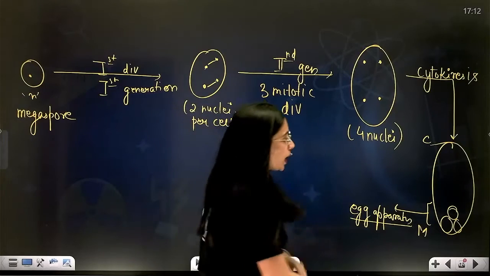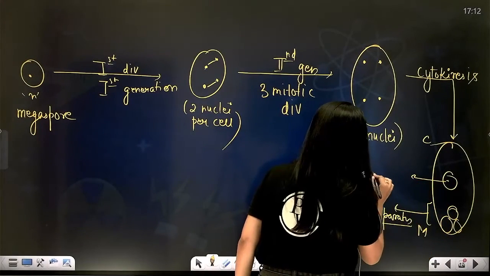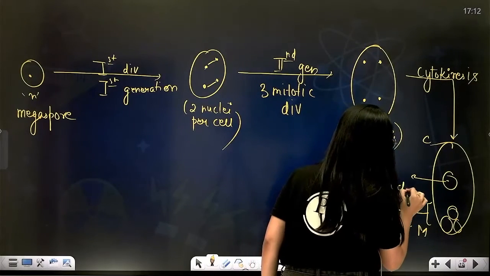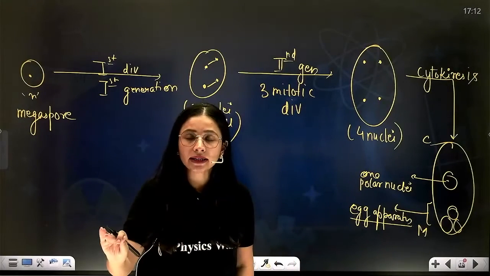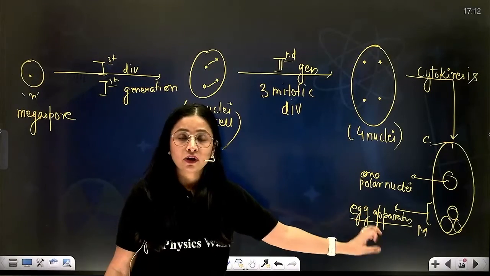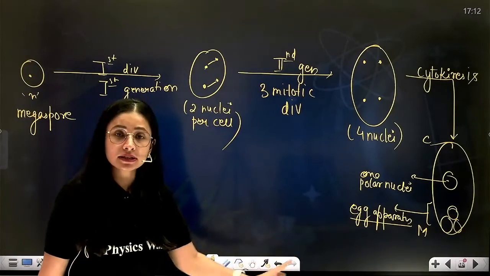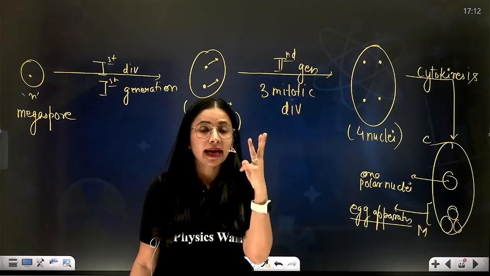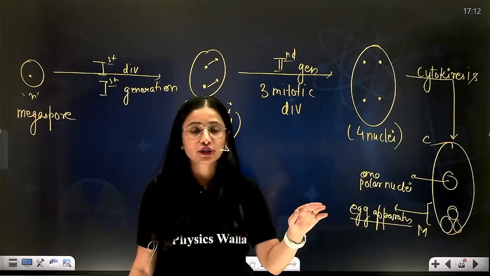Now this one is going to come in the center showing 1 polar nucleus. No formation of secondary cell, no antipodals in Oenothera type. This is the 4-celled, 4-nucleate Oenothera type of embryo sac which consists of 1 polar cell, 1 polar nucleus and 3 egg apparatus. No formation of secondary cell, no formation of antipodals.